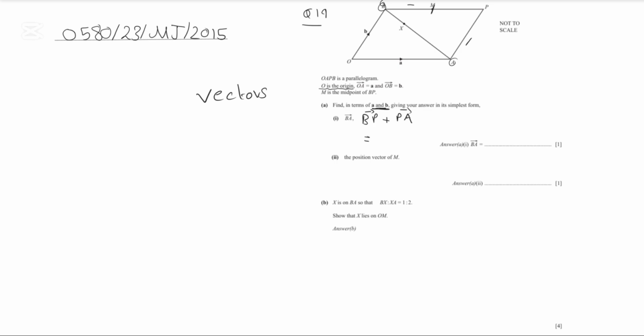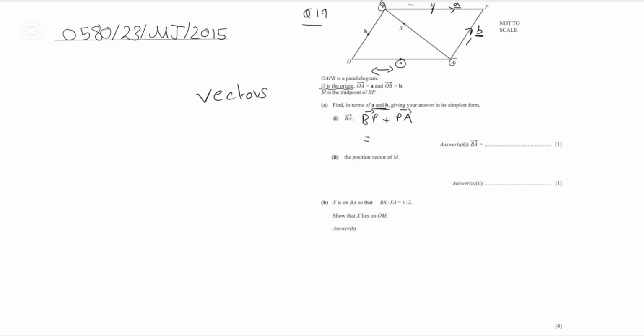See, over here we have O to A, which is A. However, we also have B to P. As this is a parallelogram, OA and BP both are parallel. When lines are parallel, they have the same vector. So B to P will also be A. And lines OB and AP are also parallel lines. So we will also have their vectors as the same.